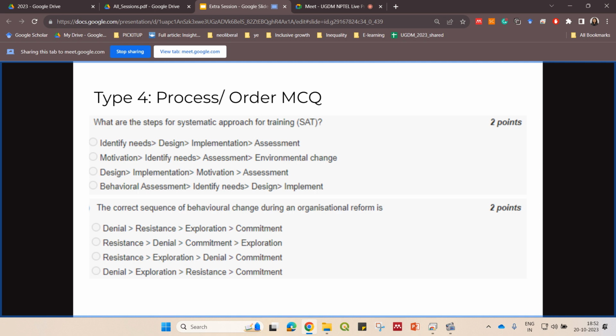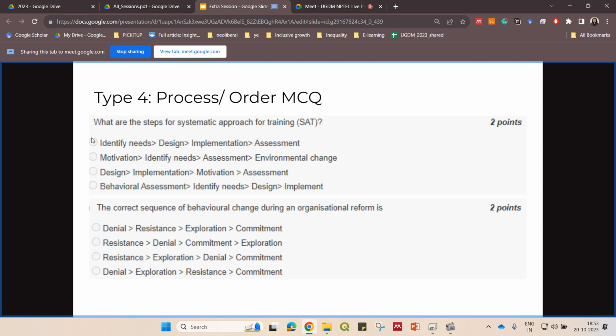And you have several options which identify in which order the process will go. So first of all, if you already know the systematic approach, what different steps are there, you can go about choosing the correct one from the different options. But I can tell you an easy trick.